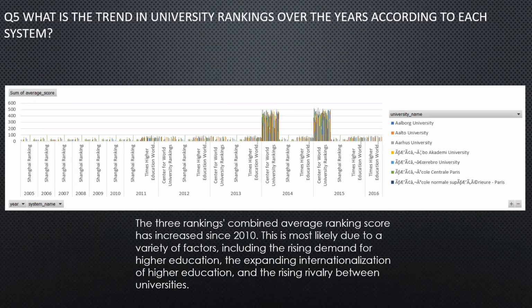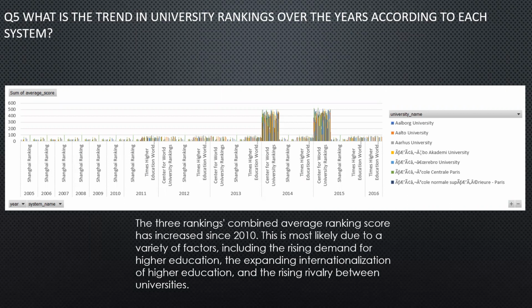What is the trend in university rankings over the years according to each system? Since 2010, the average ranking score across all three rankings has risen. It's probably because of a number of things such as the growing demand for higher education, the growing globalization of higher education, and the growing competitiveness between universities and all the other criteria too.